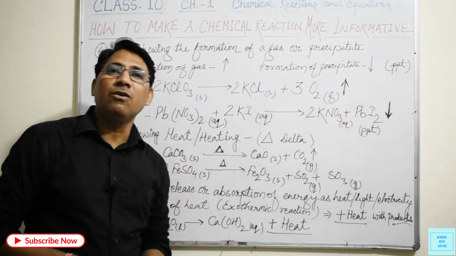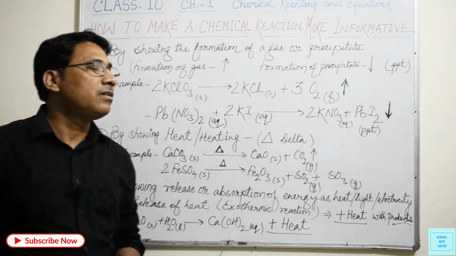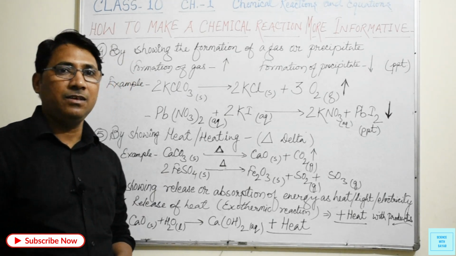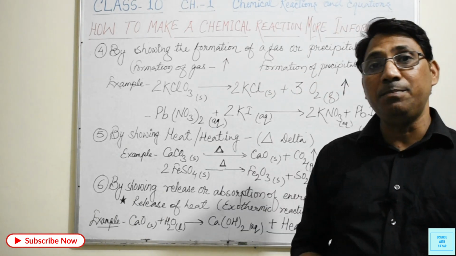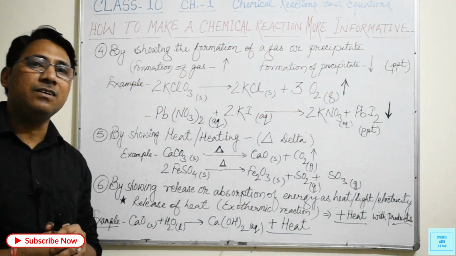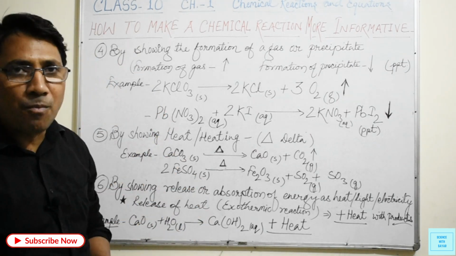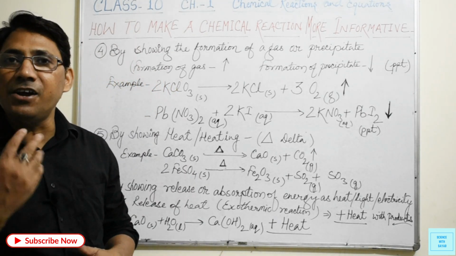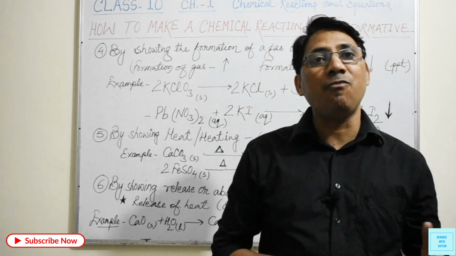The fourth way or method of making an equation or chemical reaction more informative is by showing the formation of a gas or a precipitate. In a chemical reaction, a gas may be formed or a precipitate may be formed. So how can we show or represent this formation of a gas or a precipitate? If a gas is formed, we can show the gas by writing an arrow pointing upward.